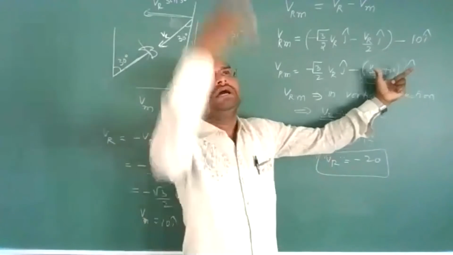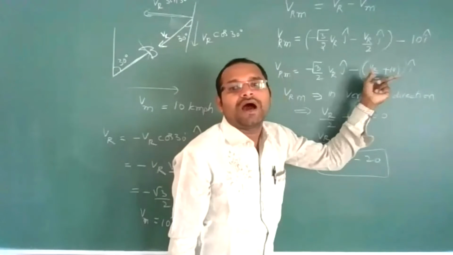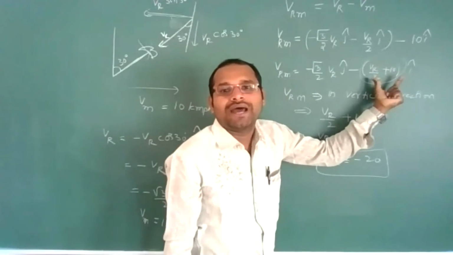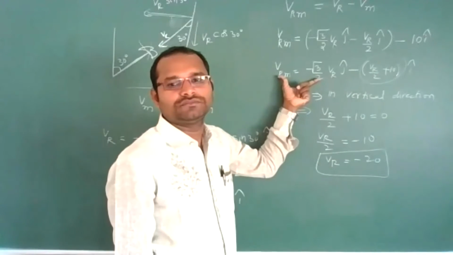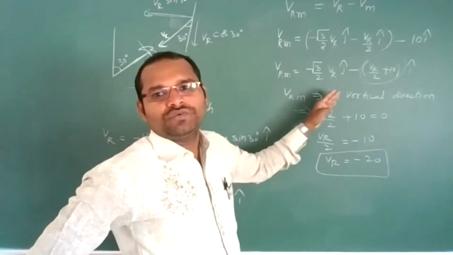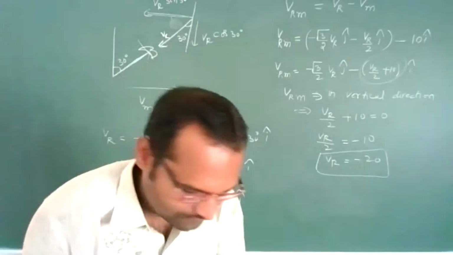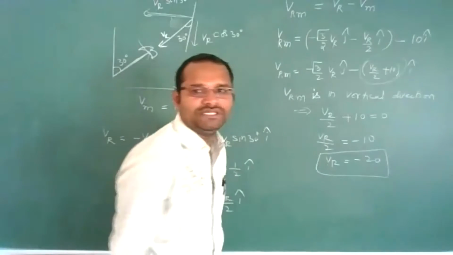He feels that rain is falling on him vertically. Means this component, the horizontal velocity component, should be 0. Then only it will become vertical velocity alone. Now understood? See here written, VRM is only in vertical direction.